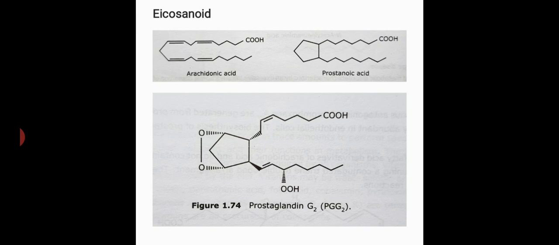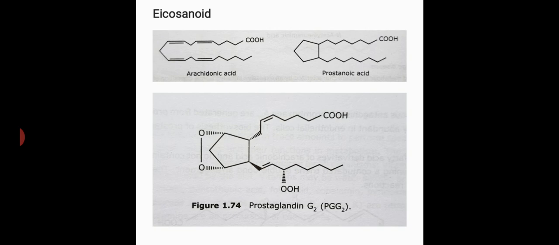Eicosanoids are very potent biological signaling molecules that act as short range messengers. These include prostanoids, for example, prostaglandins, and leukotrienes.